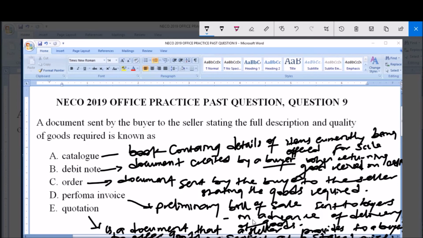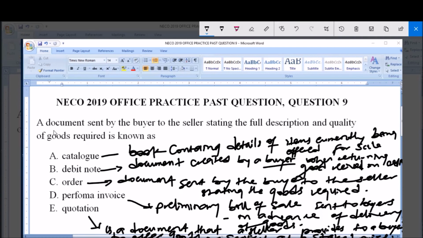So quotation is just simply a document that a seller provides to a buyer. This quotation is actually offered by a seller to a buyer to offer goods, that is notifying him of the goods and services that he can render at a particular price, at a staked price.